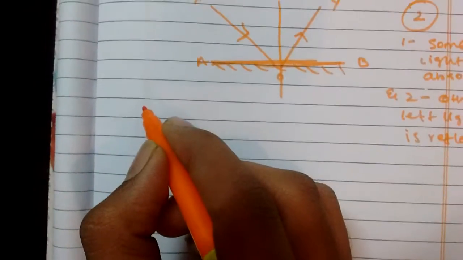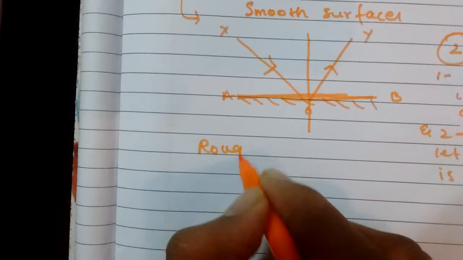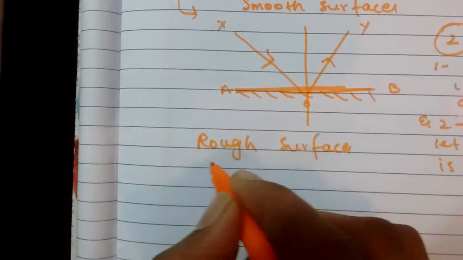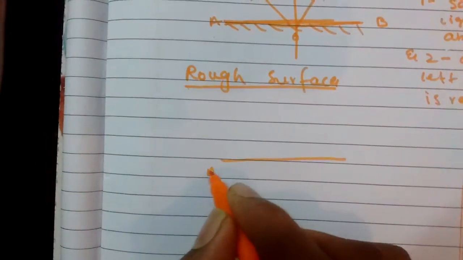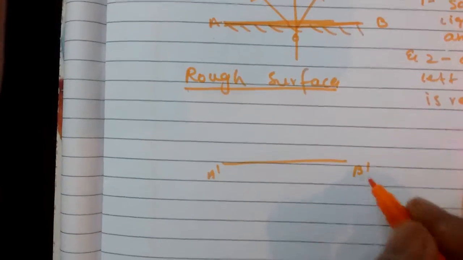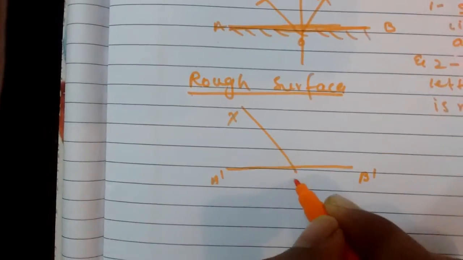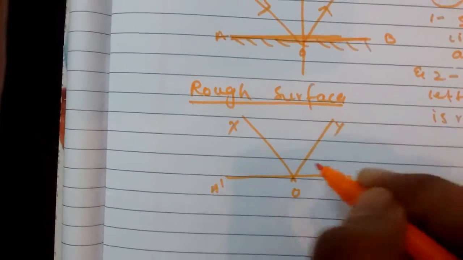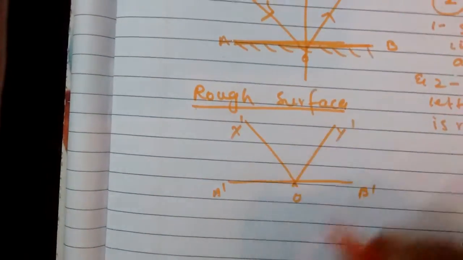Now let us learn about rough surfaces. Let A'B' be a rough surface, XO be an incident ray and YO the reflected ray. Let this be X' and Y'.